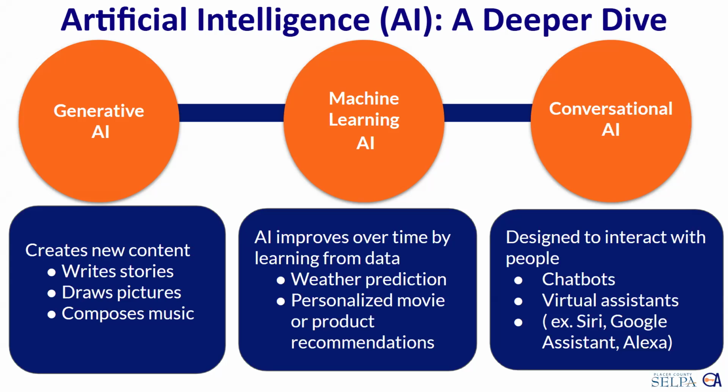We have generative AI, and this is definitely a buzzword right now. This is one that might raise some eyebrows in education. Generative AI creates new content, things like writing stories, drawing pictures, composing music.